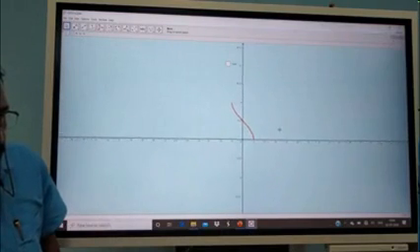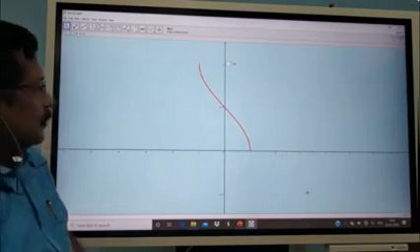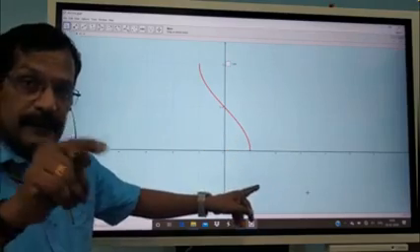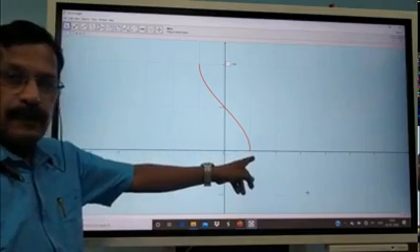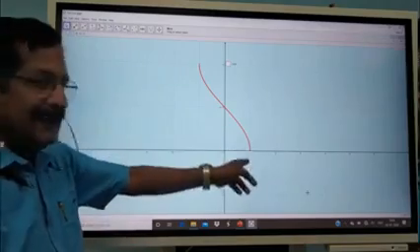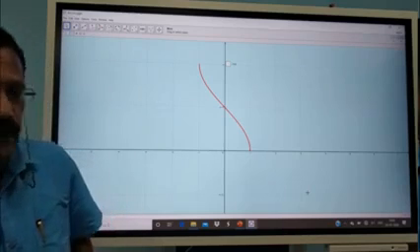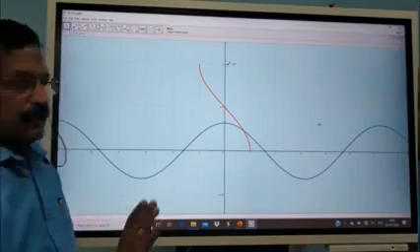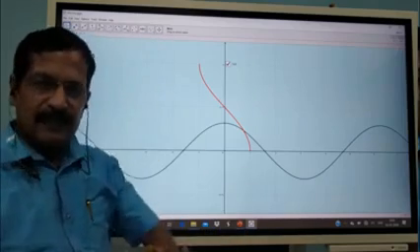You can see that this is the graph of arc cos, otherwise cos inverse. I should zoom in here. So actually, the domain is minus 1 to plus 1 in the case of cos inverse, and the range is 0 to pi. Now, what will be the graph of cos? I am drawing the graph of cos also here. This is actually the graph of cos, and this is the graph of cos inverse.